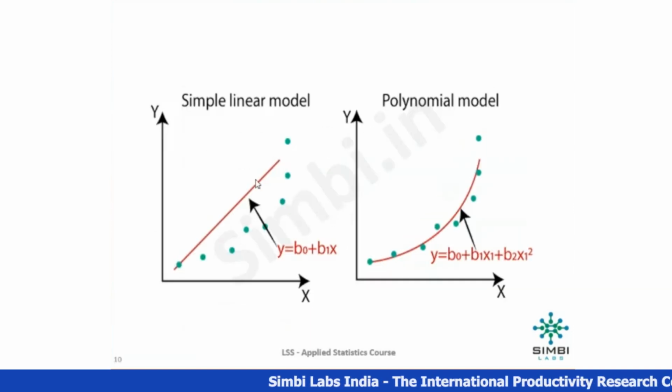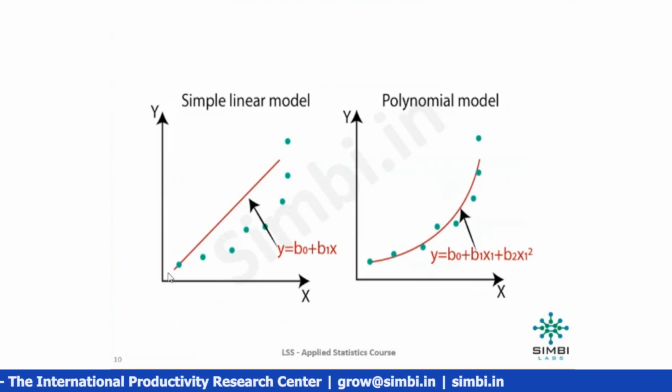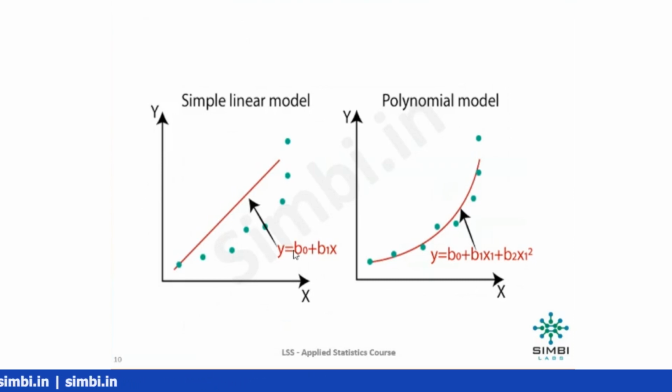Here we can also see the simple linear model and the polynomial model. The simple linear model follows the best fit line between the dependent variable and the independent variable, y equal to b0 plus b1 into x.